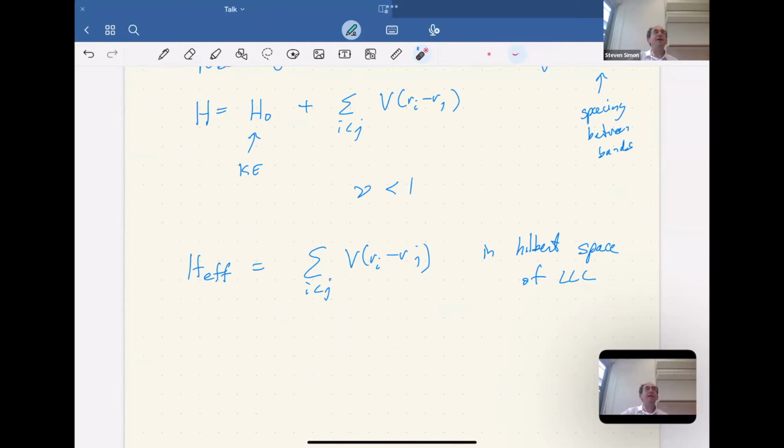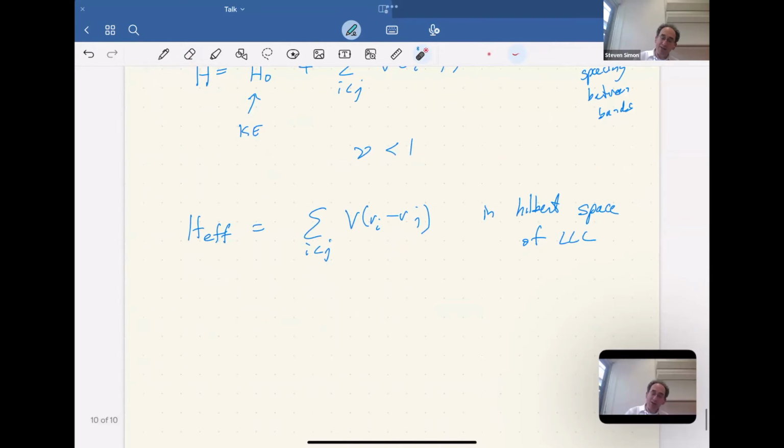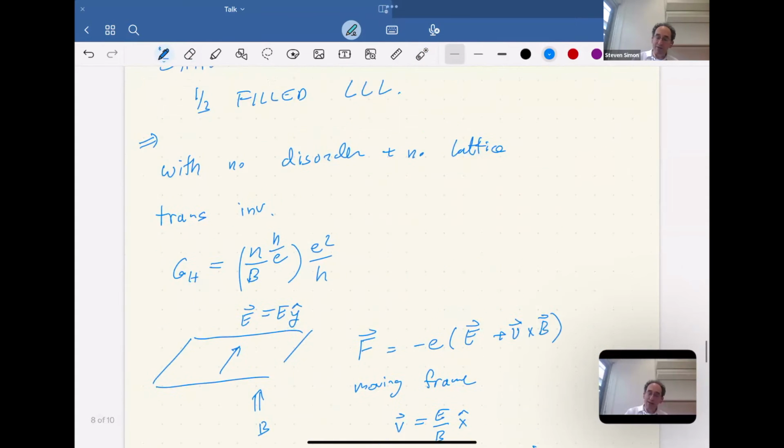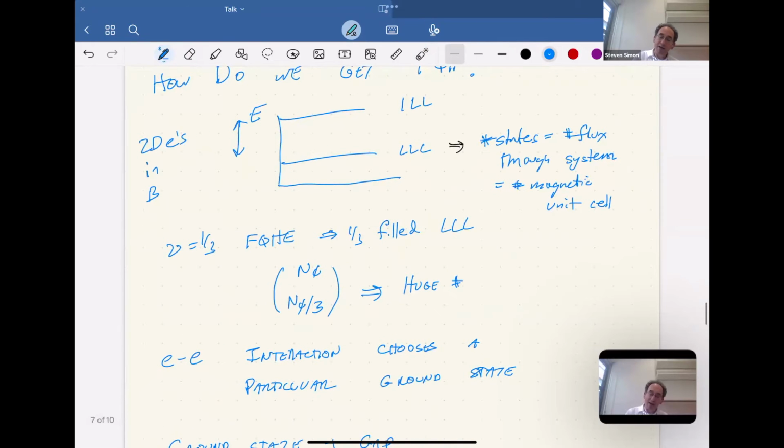All right. So how are we going to solve this Hamiltonian? Again, it's a huge problem because of what I mentioned way back, that it's a huge Hilbert space we're working with. Your macroscopically big system has however many flux quanta penetrating it, and I want to fill 1/3.